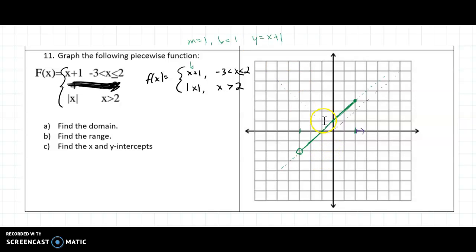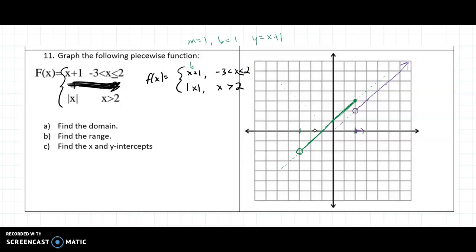Hopefully you can see the dotted line going up and to the left and up and to the right. But notice I only take the absolute value, my purple graph here, when x is greater than 2. So come up to here, put an open circle because it's greater than, not greater than or equal to, and then follow the arrow out forever.